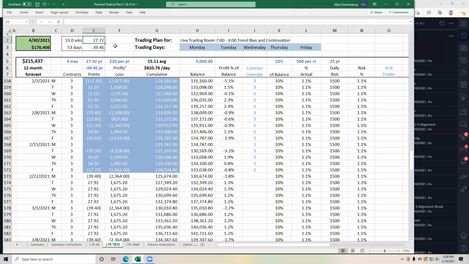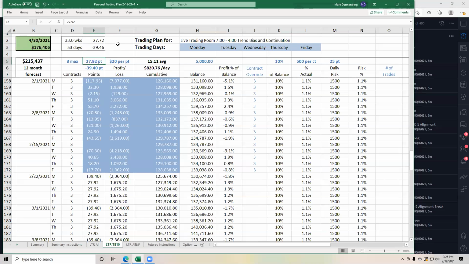Our average winning day, which also takes into account the frequency rate of winning days to our history, is 27.72, and our average losing day is 39.46. Again, that's taking into account the frequency rate of losing days per our history.